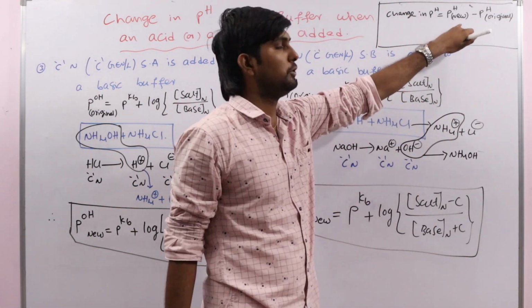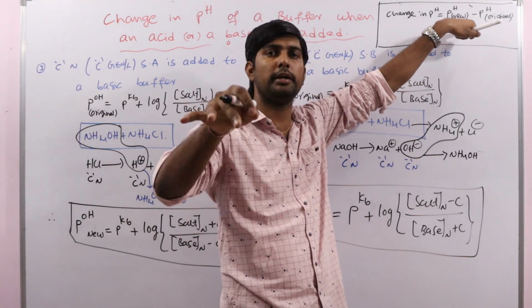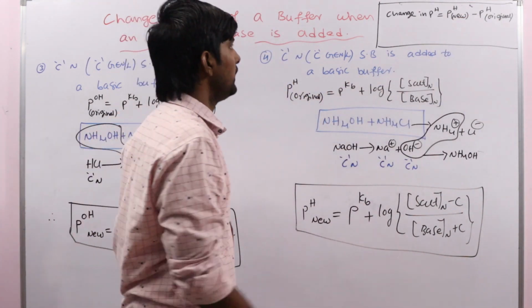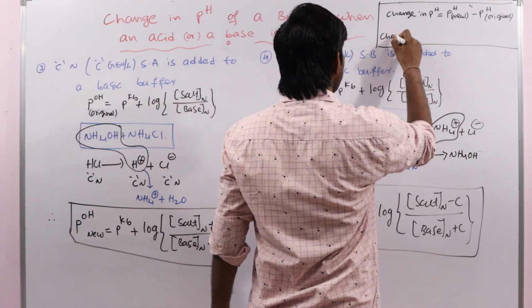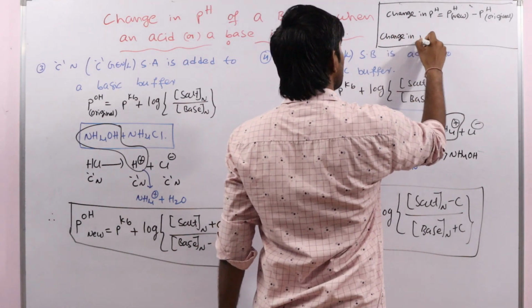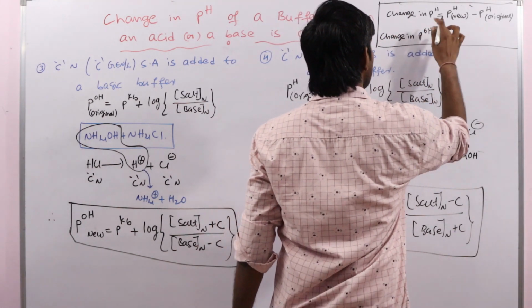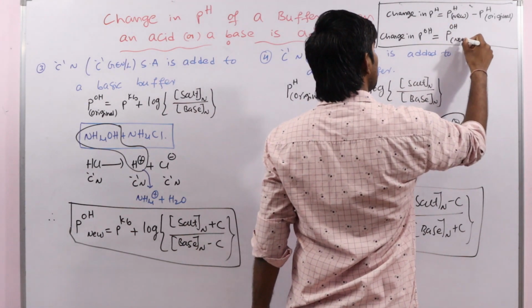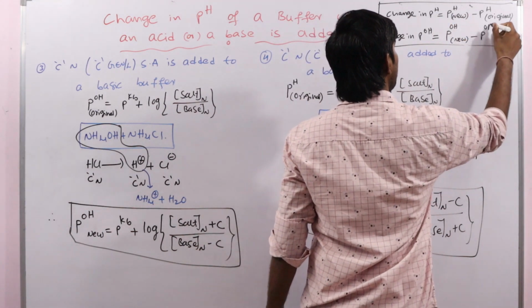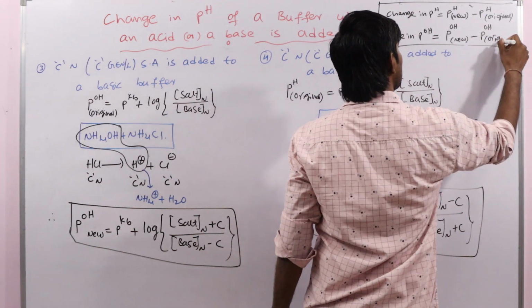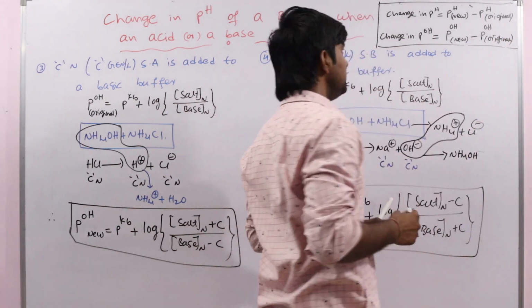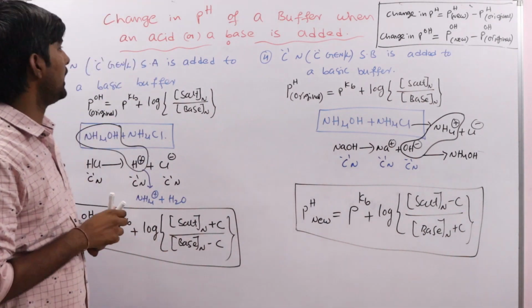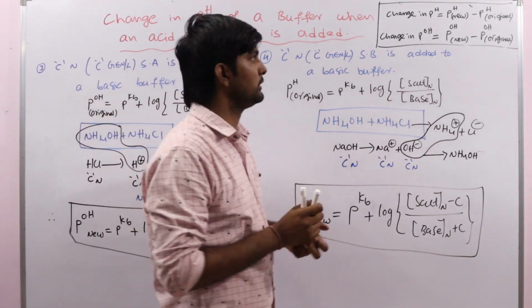Yes or no? pH new means after addition of strong acid or strong base. Similarly, change in pOH is equal to pOH new minus pOH original. Yes or no? Change in pH means when acid or base is added to the buffer system.